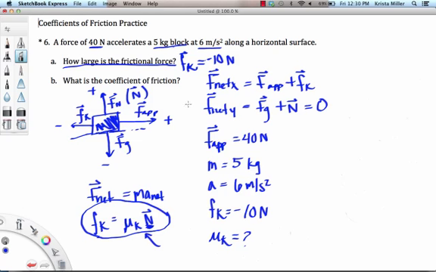Up here in our F net in the y direction equation, it says the force of gravity plus the normal force equals 0. That's helpful, because if they equal 0, that tells us these forces are equal and opposite. They're balanced because their net force is 0.